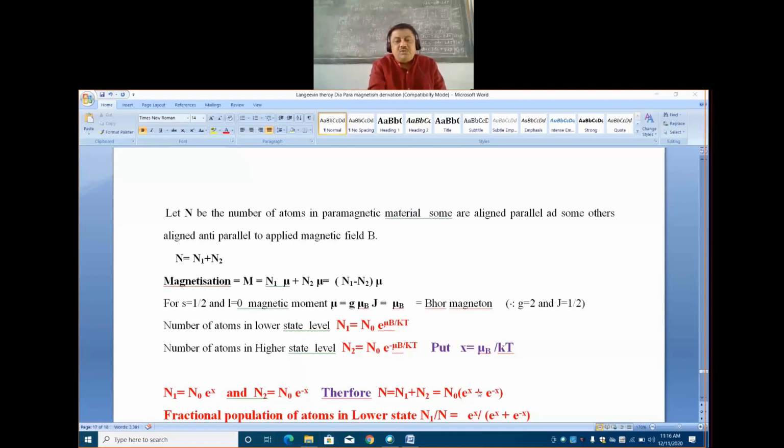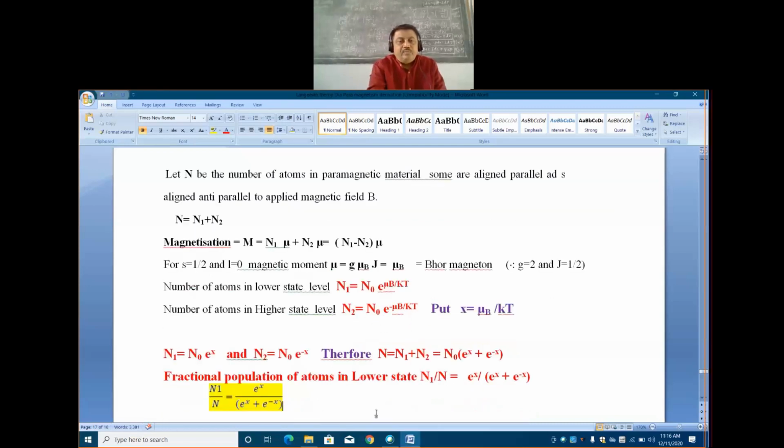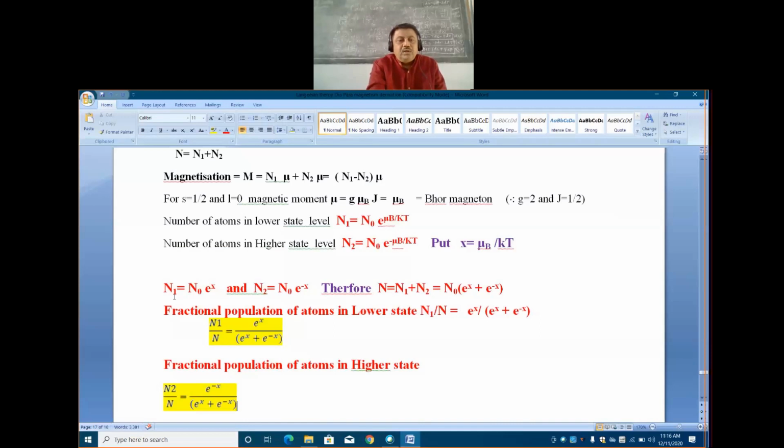You take N0 outside, then N equals N0 times e raised to x plus e raised to minus x.